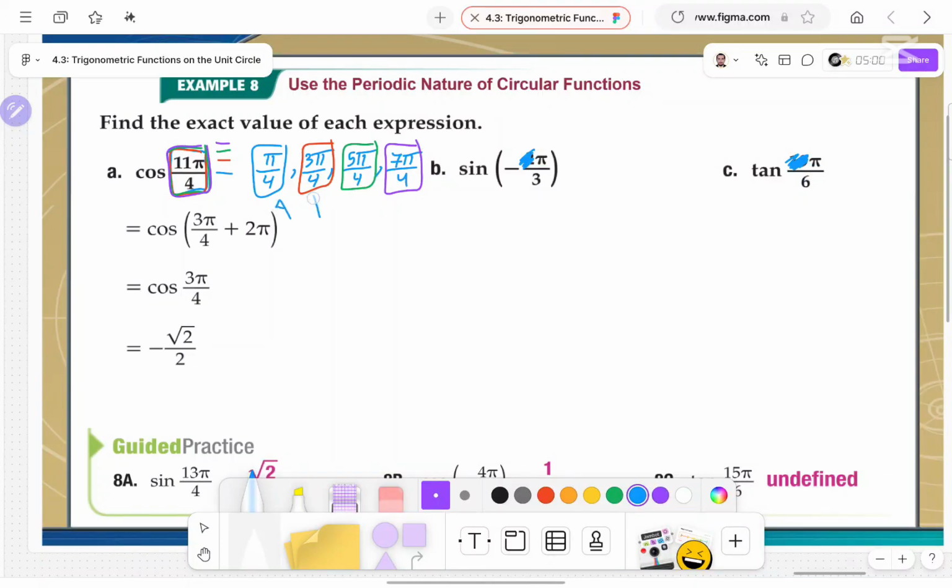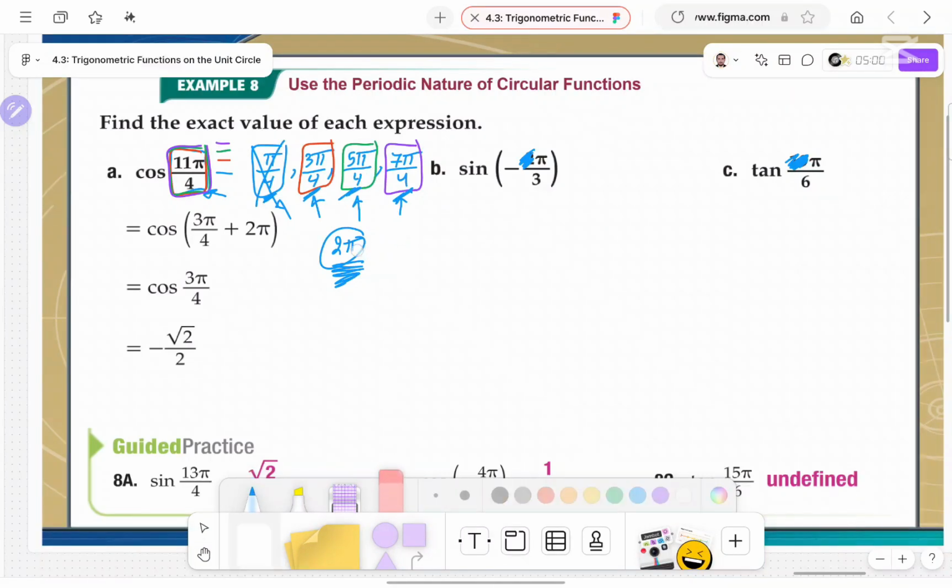Because for one of them, if you subtract it, you will get 2 pi. If you get an answer of 2 pi, this one will be the correct answer. Again, you subtract each one from the given angle until you get 2 pi. If you get 2 pi, this one will be the correct answer. If you didn't get 2 pi, you just ignore it and go for the next one.